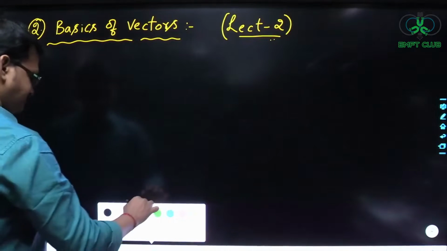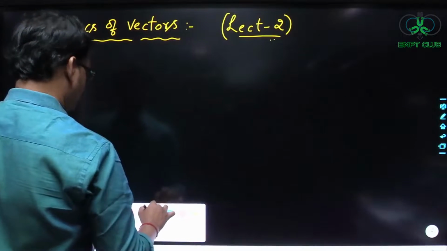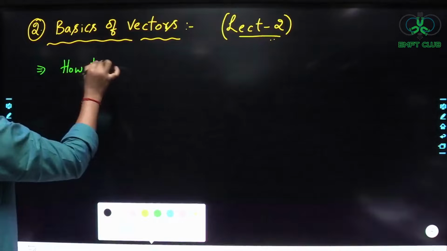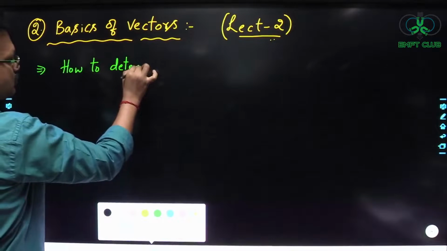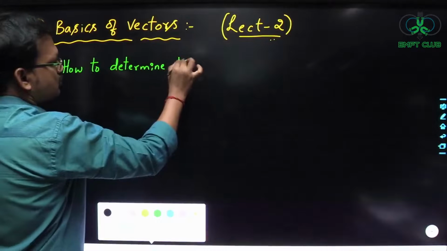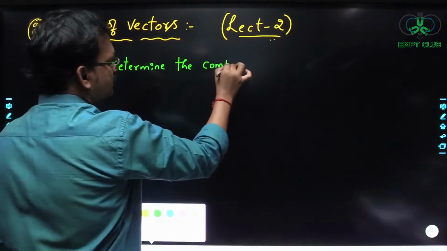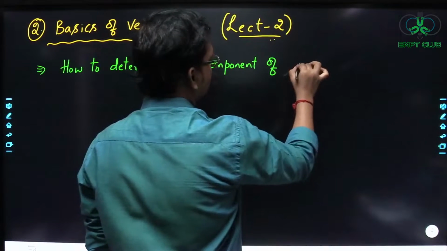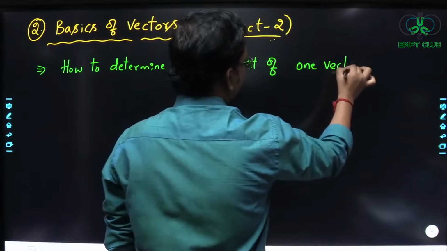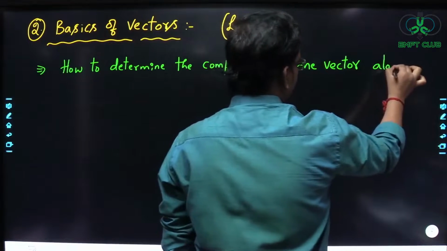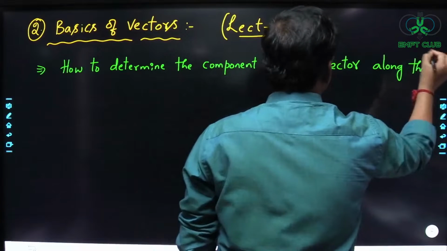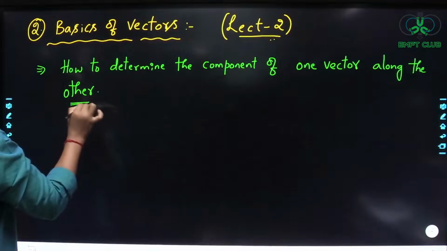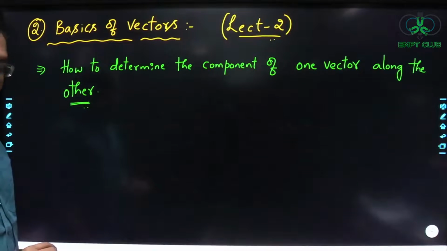So next, we will see in this lecture how to determine the component of one vector along the other. So this is what we are going to see in this lecture.